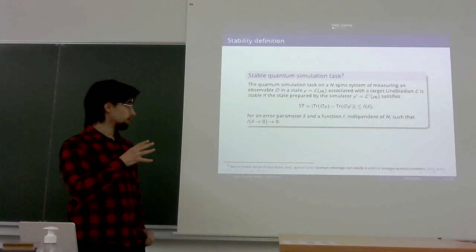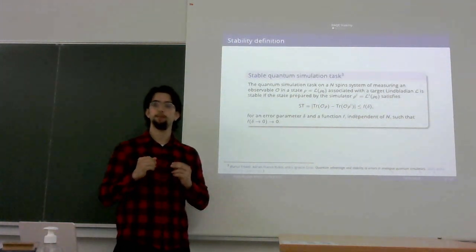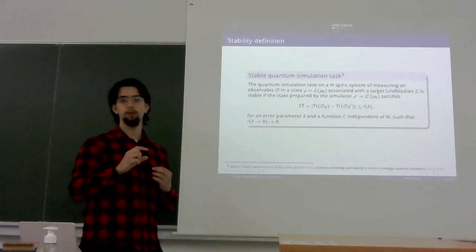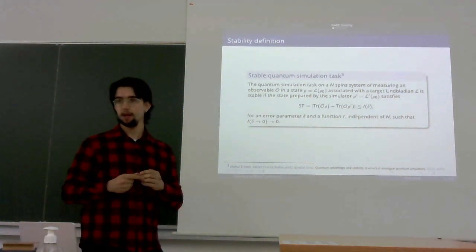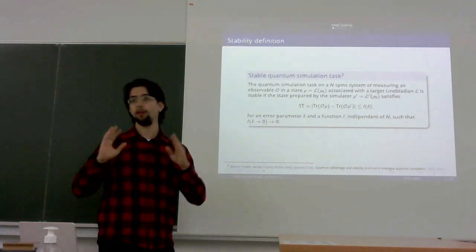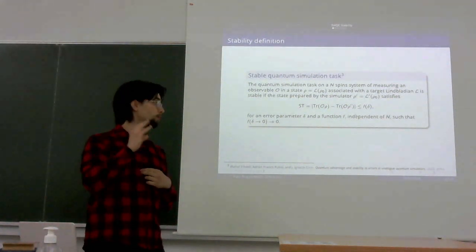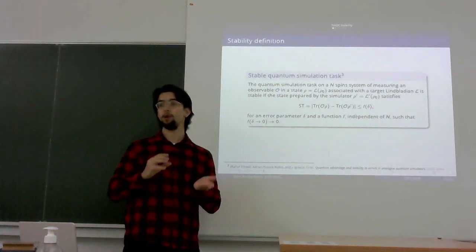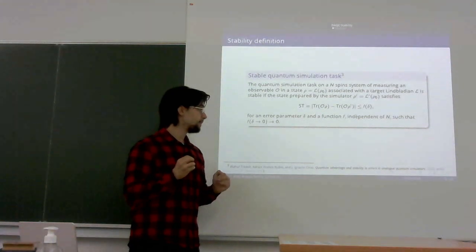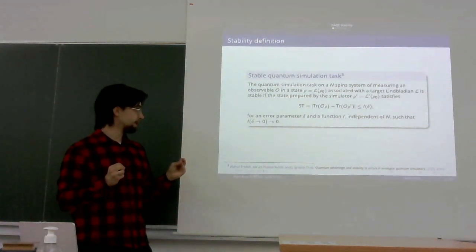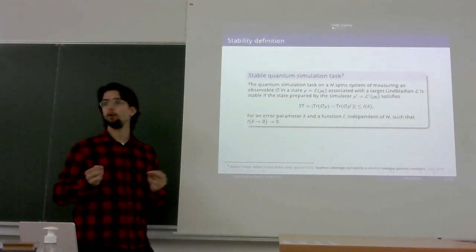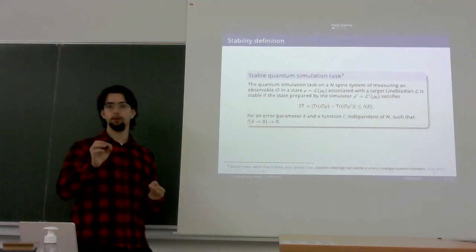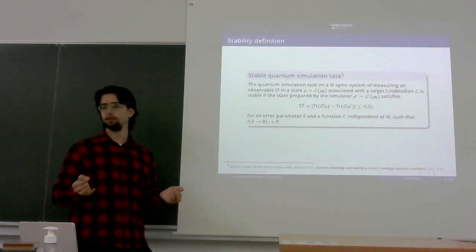What this means overall is that the difference of the expected value of an observable for a density matrix that has been evolved with the Hamiltonian that we were expecting, the one that has no errors, with the median value of the observable of the Hamiltonian that we are really simulating, must be bounded by a function that only depends on the error parameter and not the dimension of the system, and in such a way that if this error tends to 0, so does the function.